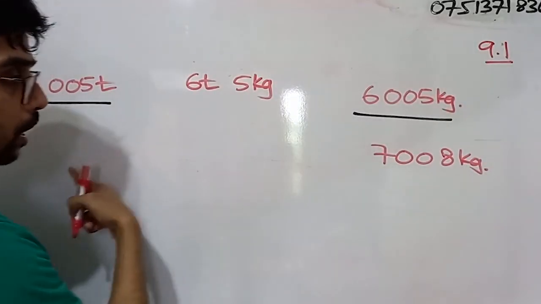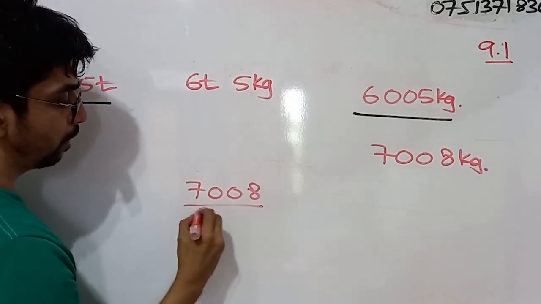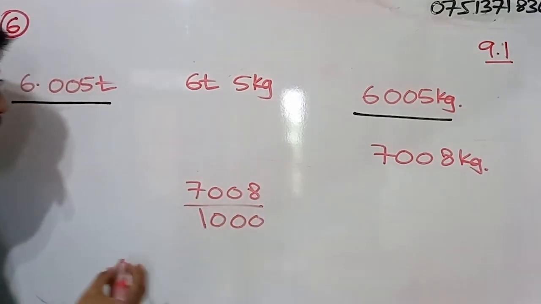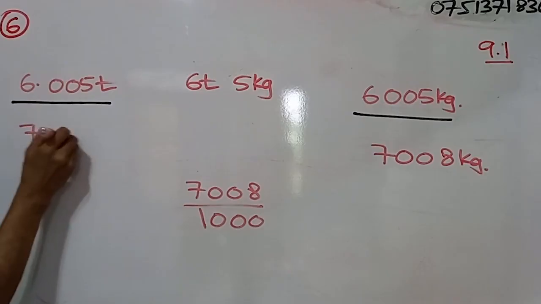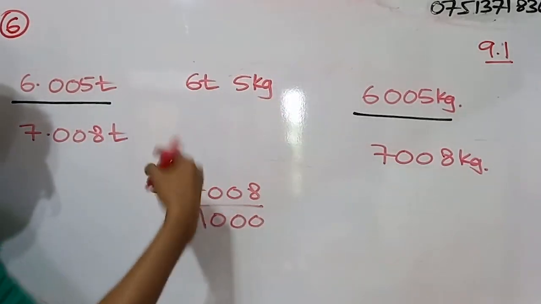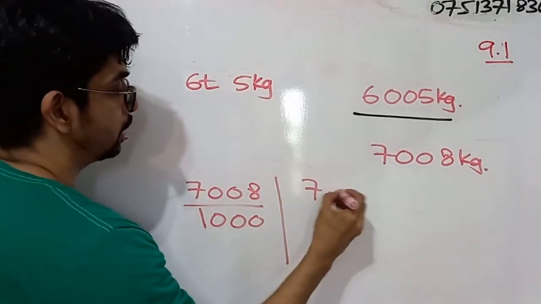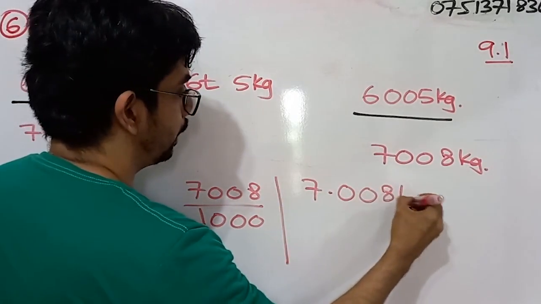Then what do we have to do? We can divide this by 1000. 7008 kilograms. When we divide this by 1000, this becomes what? 7.008 tons. Then from that, we can come up with what? The space here, which is what? I can take this amount, 7.008 tons.